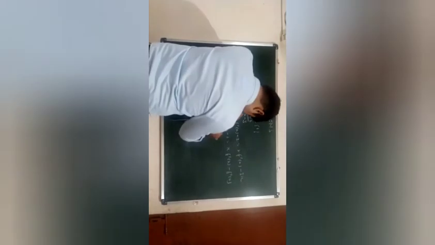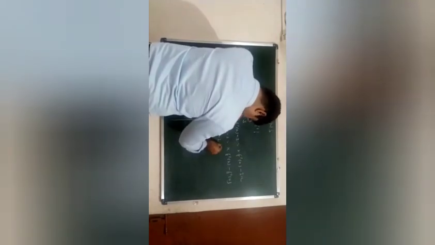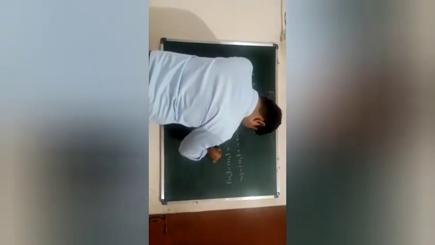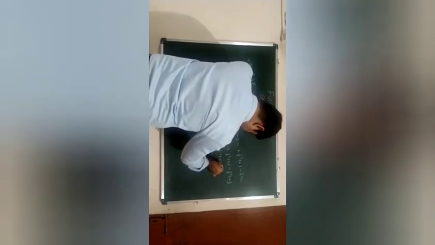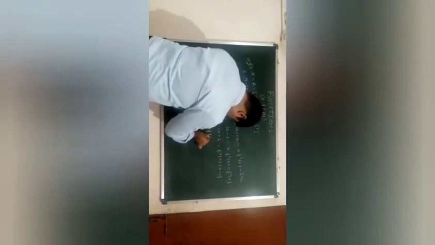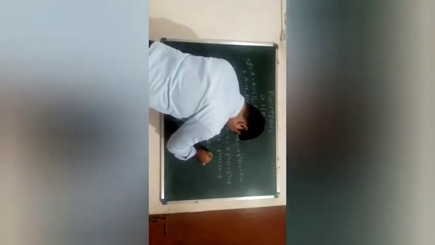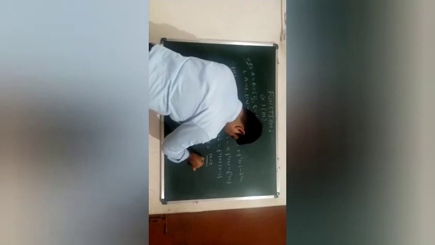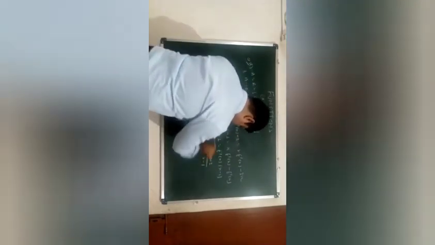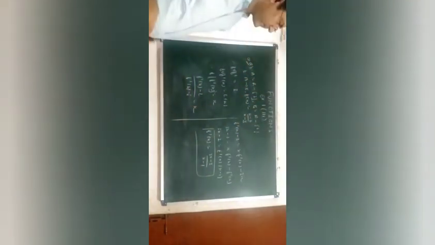Taking f inverse x common and making it the subject, you will get 3x minus 2 is equal to f inverse x times (x minus 1), and finally f inverse x is equal to (3x minus 2)/(x minus 1). So this is the inverse.